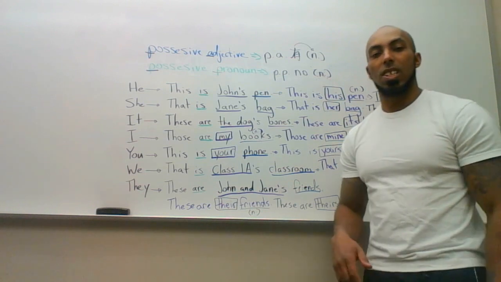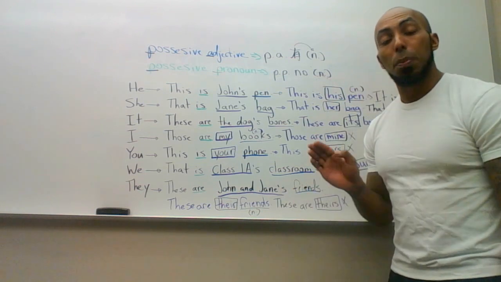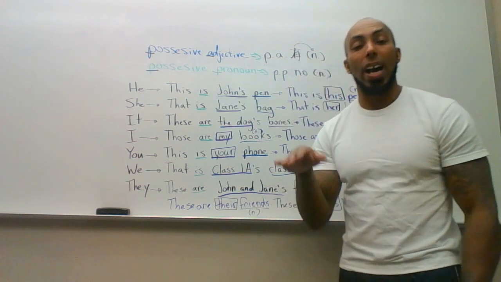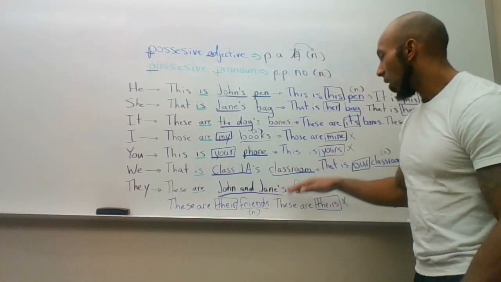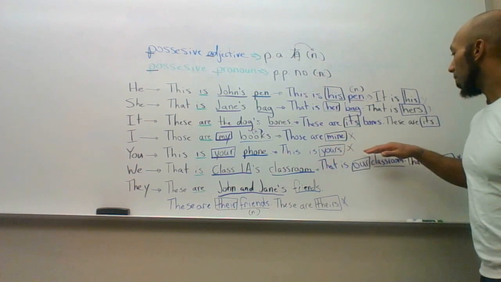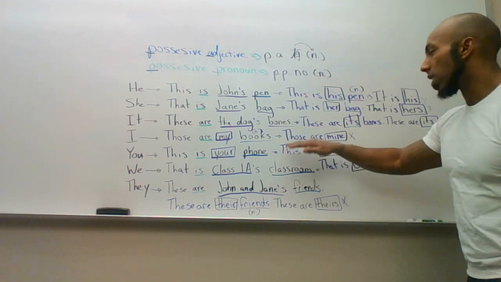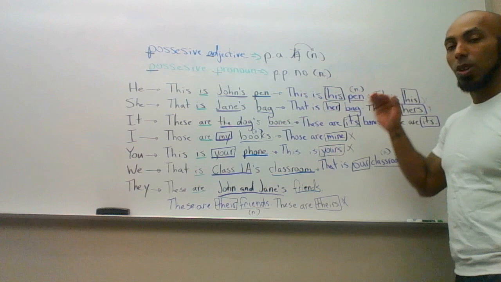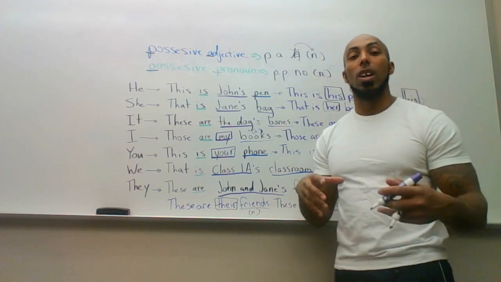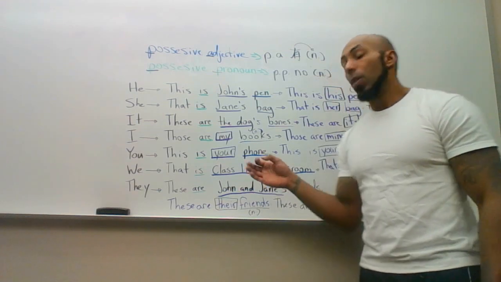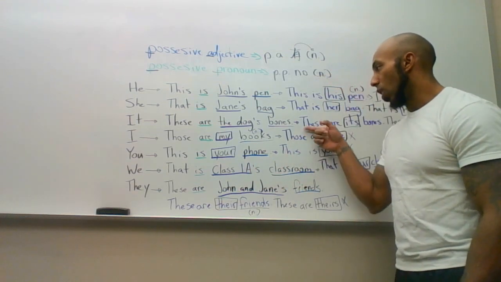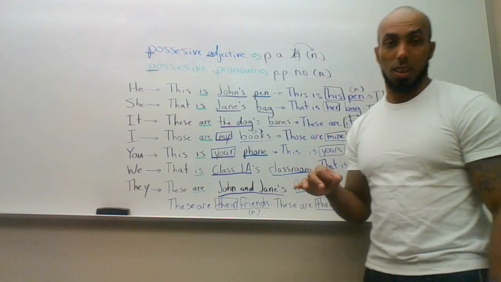Now, in some of these sentences, you wouldn't use the possessive pronoun sentence by itself because we don't know what these, that. We don't know what the subject is. We don't know what you're saying. It belongs to someone. Okay, and these words are used to talk about the object of the sentence.